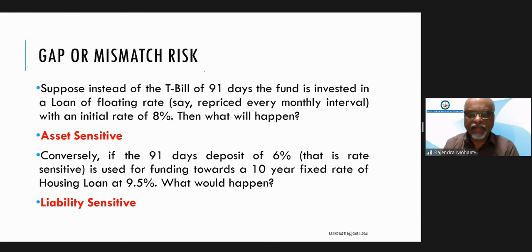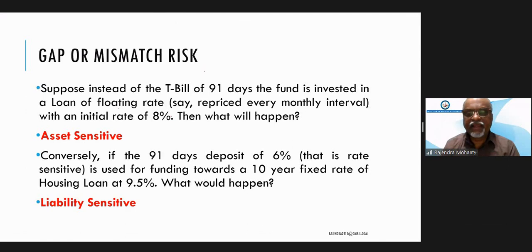It will increase. On the liability side, when the rate of interest is falling, our spread will increase, so NII will increase. Conversely, if the rate of interest is going up, it will decrease. Okay? Yes or no? Why am I telling that?